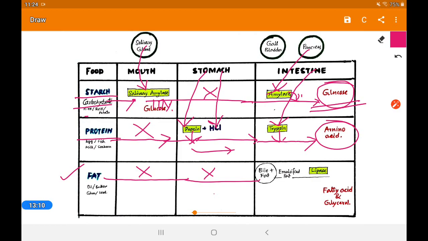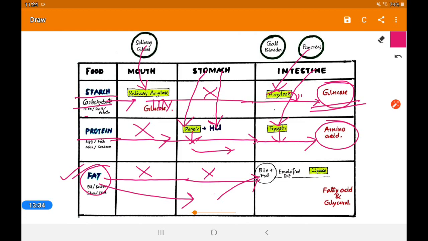But in the case of fat material, the problem is that fat will not dissolve in water, so the fat material is not digested. So first the fat should dissolve in water, and then the enzyme can act upon it.